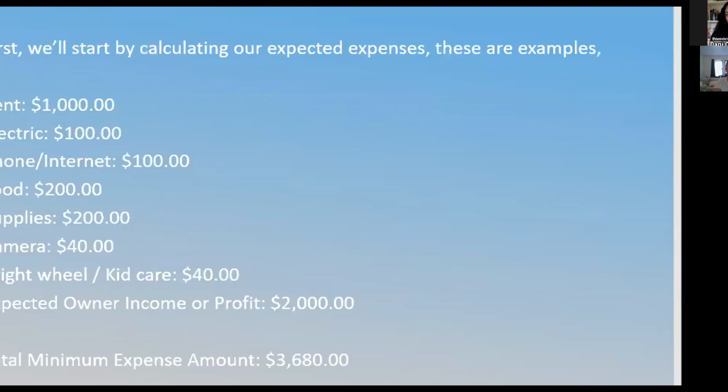Let's use this as an example. We're going to calculate these expenses, right? We have rent, electric, phone, food, supplies, camera, Brightwheel, KidCare. And as the owner, I want $2,000 a month. That means that my expenses are $3,680 per month. I need to basically earn more money than that to cover.